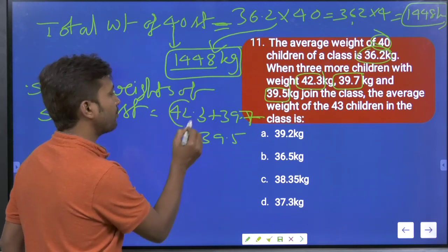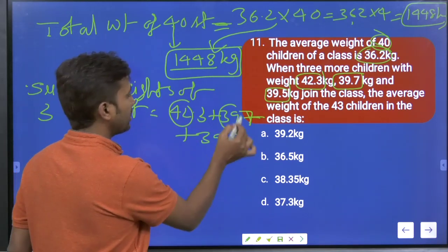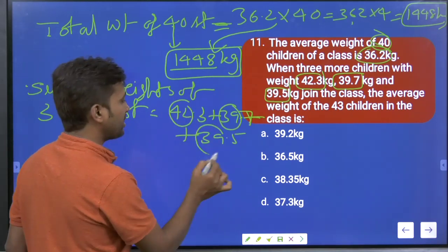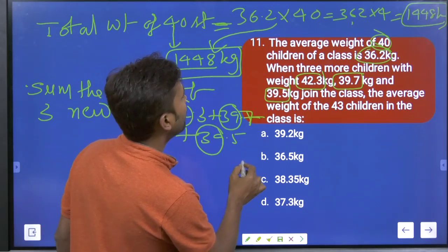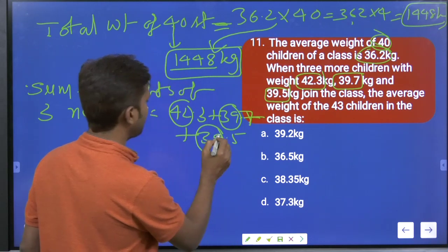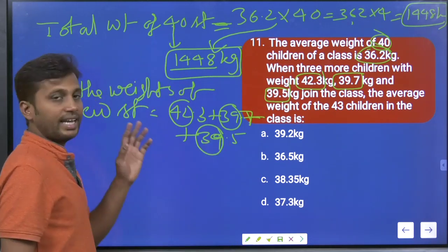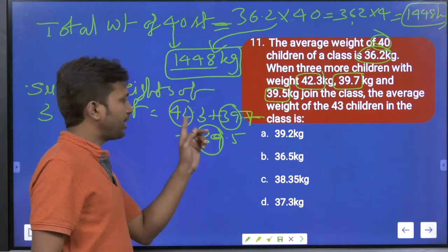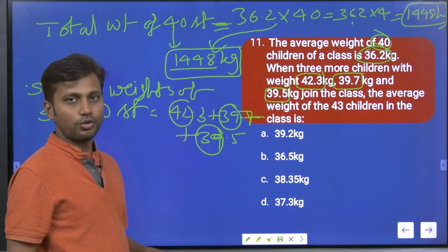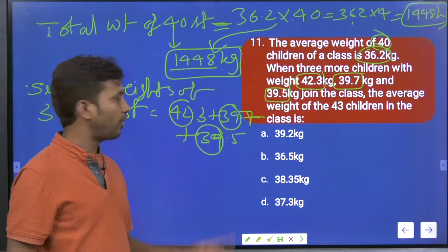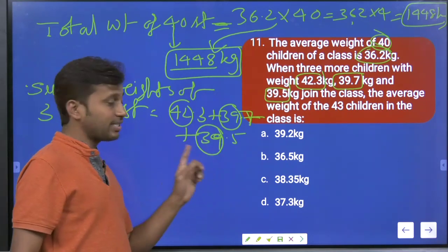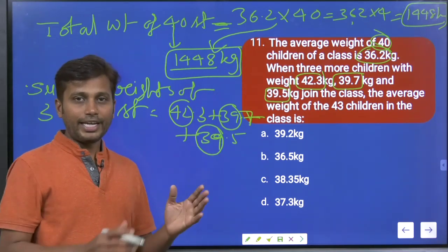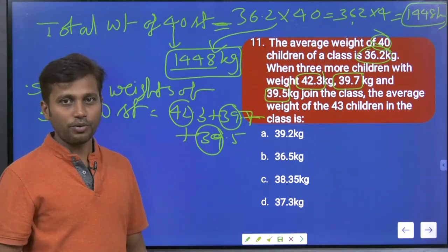How much is this, guys? 42. How much is this? 39. And this is 39.5, so 39 obviously. So add 42 plus 39 plus 39. Don't worry about it. 42 plus 39 would be how much? 81, or not? 81. 81 plus 39 means 80 plus 40 only, no? 120.